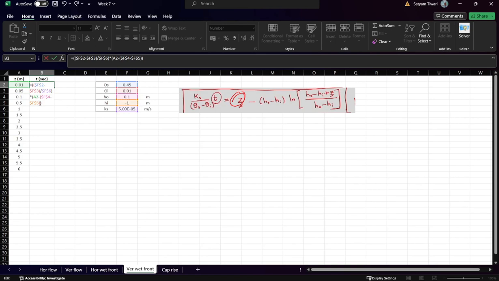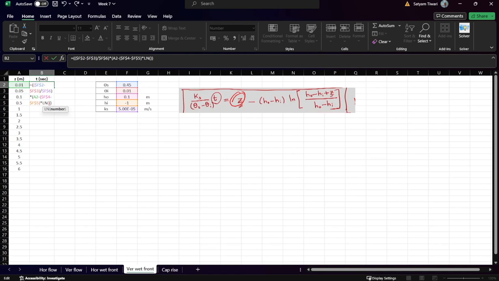And then moving further here, the value of the ln, the natural logarithm. And inside we'll take, always be careful of the brackets, inside it's x naught minus hi plus z upon x naught minus hi.